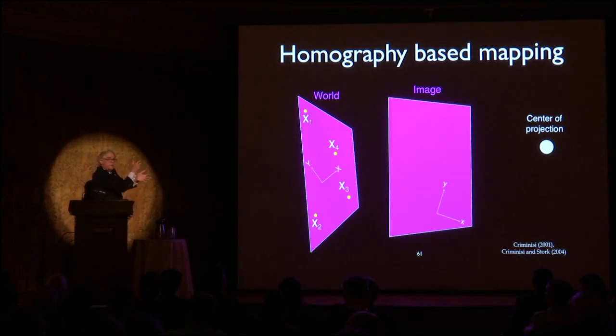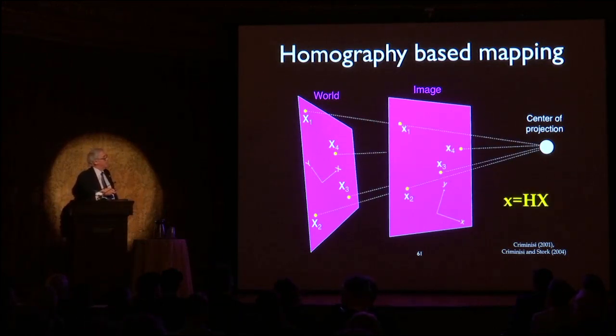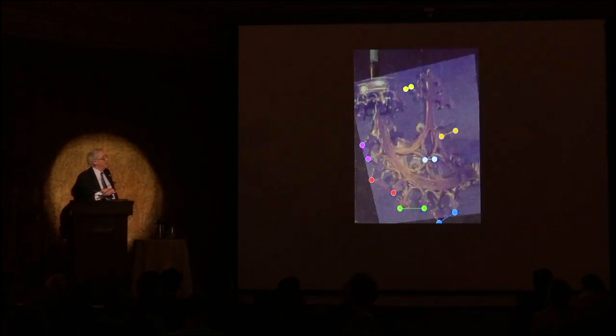You want to get the best overall mapping, and my colleague Antonio Cremonese did the mathematics on this and figured out how to do it. I won't go through the math, but it's basically the best mapping from one arm onto another. There are 2 arms being shown here, and again, you get this whopping 8 to 10 centimeter disagreement between the arms, much, much too large to be consistent with Hockney's theory.